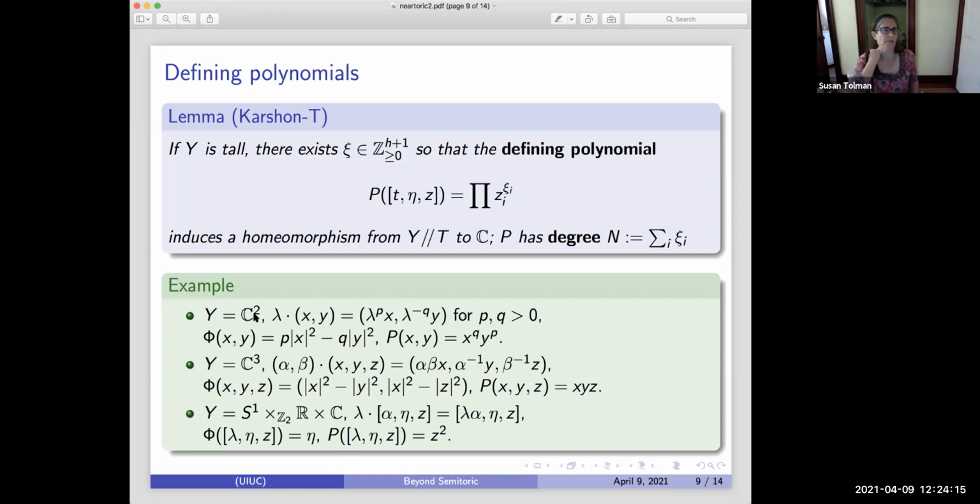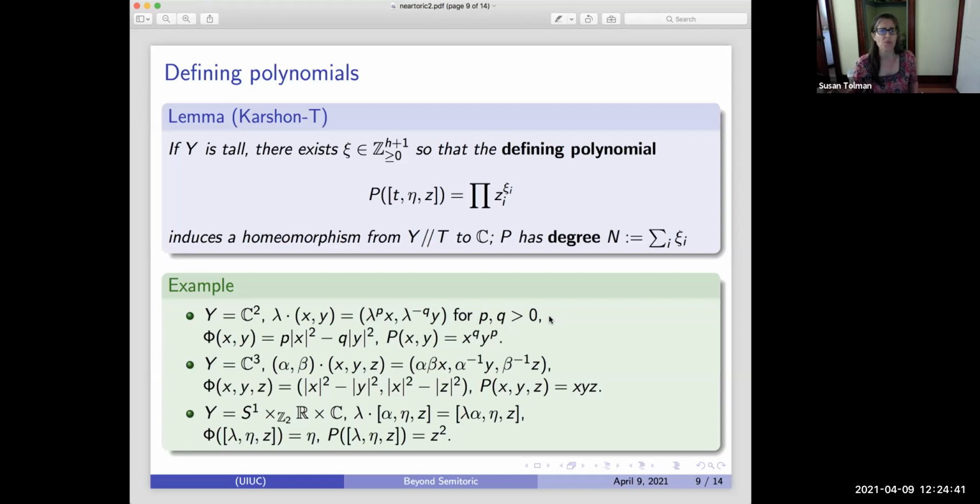So suppose that Y is equal to C^2, and you let lambda act on the first coordinate with weight p, and on the second coordinate with weight minus q, for pq greater than 0. If you do this, it will be tall, so the reduced space at 0 will contain more than one orbit.